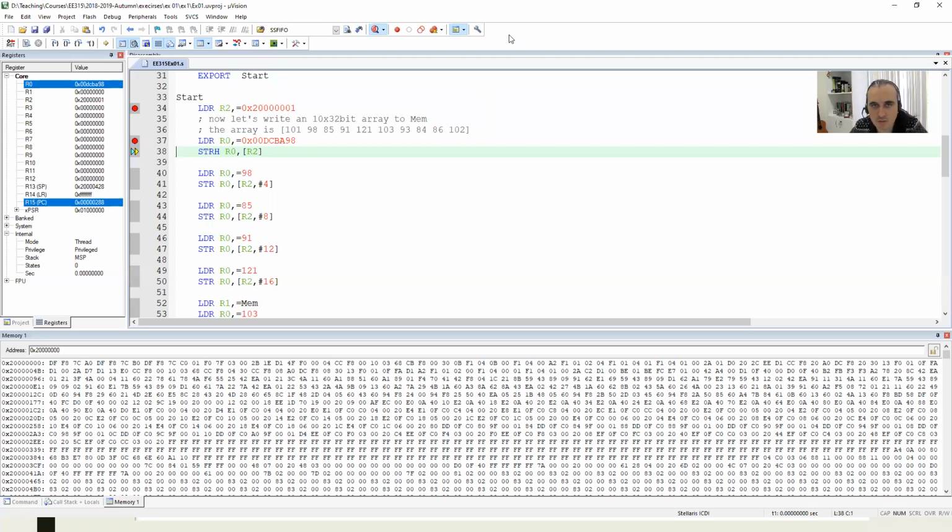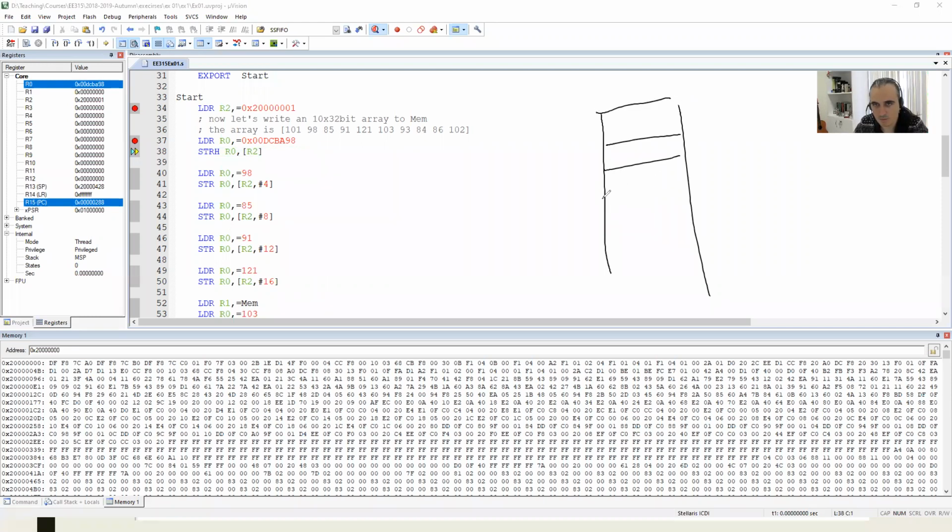Let's first speculate. So we have the memory. Imagine this is 20 million, this is 20 million 1 in hexadecimal, of course, 20 million 2, 3, 4, 5, and it goes on like this.